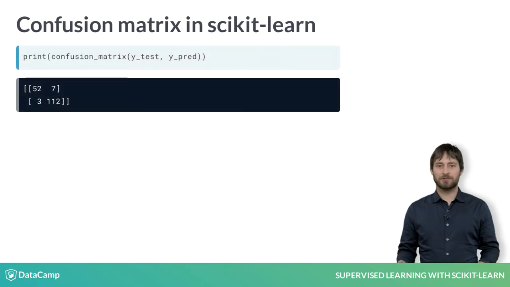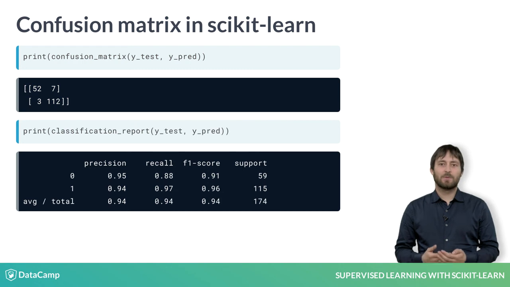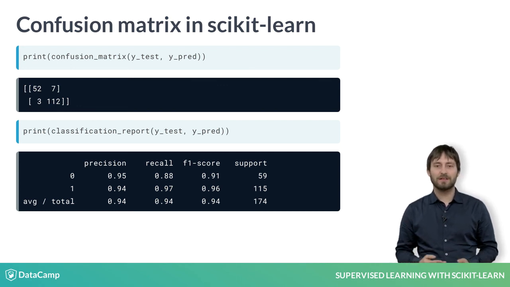To compute the confusion matrix, we pass the test set labels and the predicted labels to the function confusion_matrix. To compute the resulting metrics, we pass the same arguments to classification_report, which outputs a string containing all the relevant metrics, which you can see here. For all metrics in scikit-learn, the first argument is always the true label, and the prediction is always the second argument.